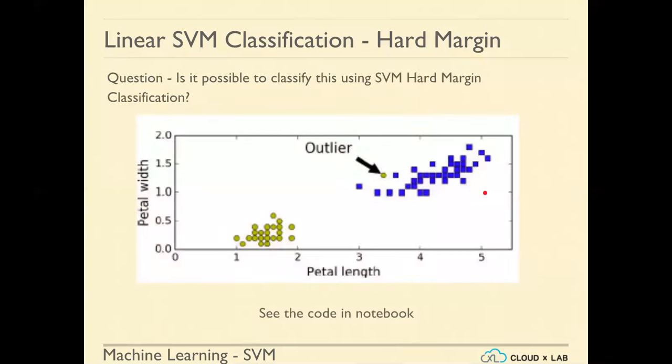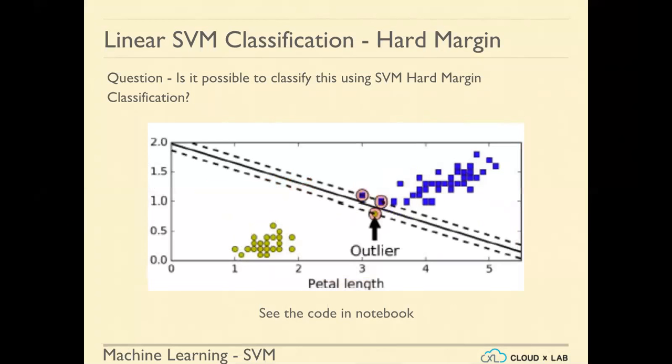Now, do you think it is possible to separate it quickly? All right, wonderful. So yes, it's not possible to classify this using SVM hard margin classification.